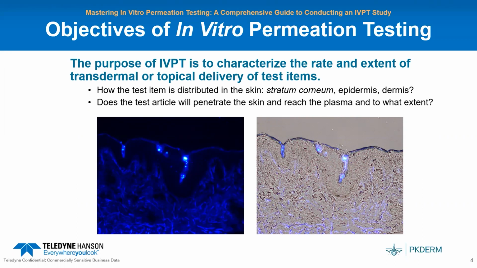IVPT is also used to assess whether the test article will penetrate the skin and reach the systemic circulation, and to what extent. This is particularly important because drugs that are intended to be delivered transdermally, as the skin acts as a barrier to prevent the entry of foreign substances into the body.